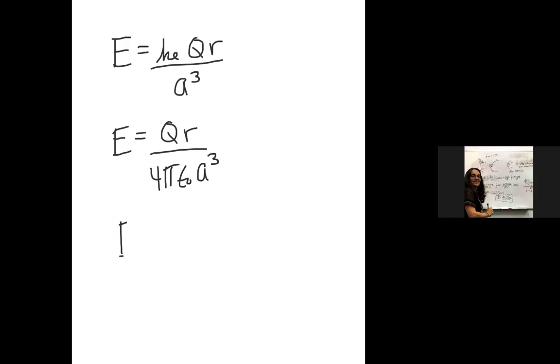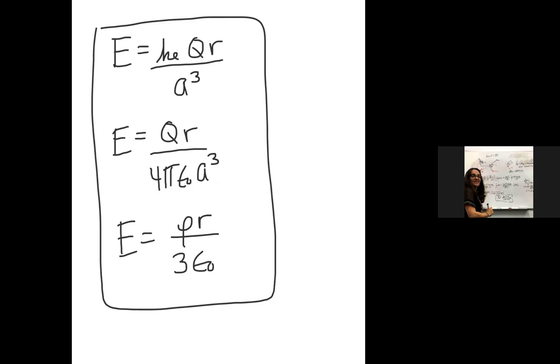And I can also say that E is equal to rho r over 3 epsilon naught. These are all exactly the same, and tell me what is the E field inside that sphere. I would use either of the first two if Q is known, and I would use the last if rho is known. They're all the same.